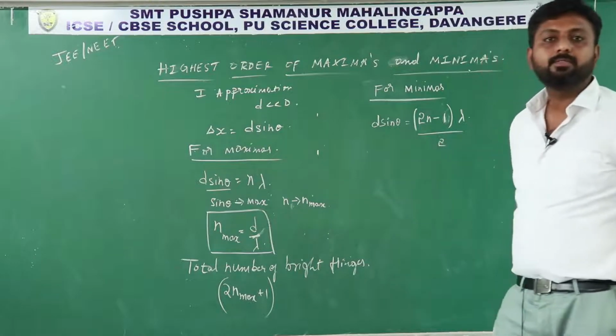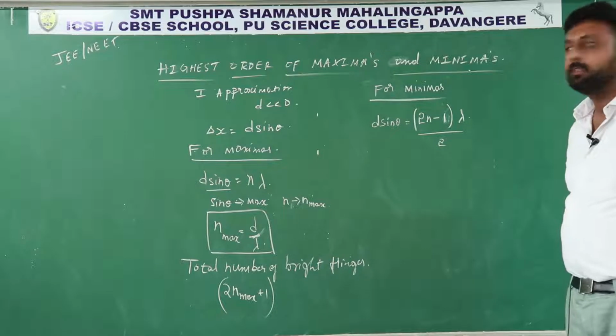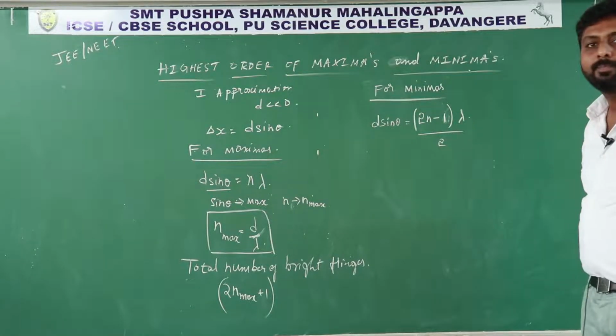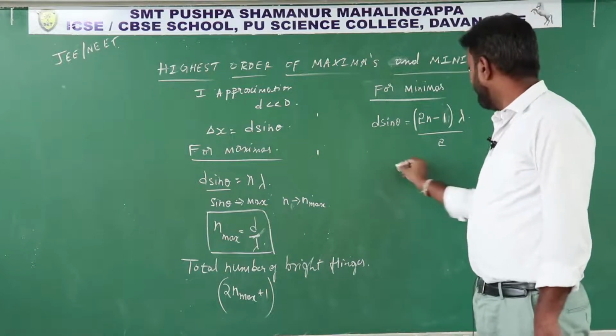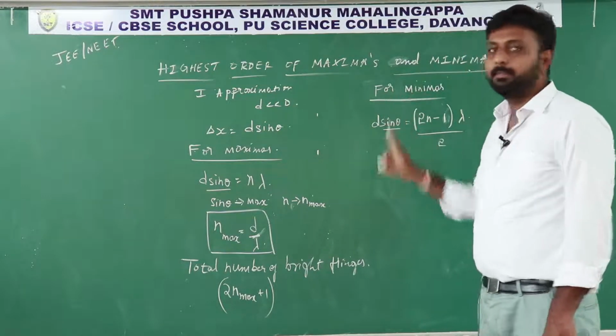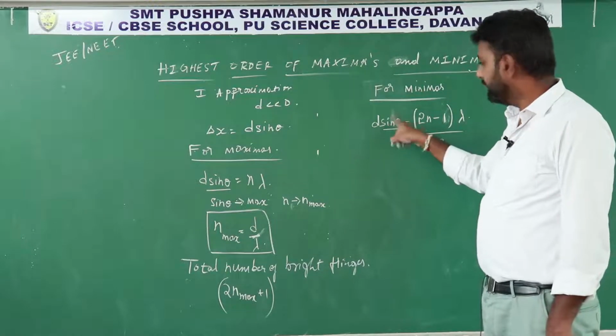This is the condition for dark fringes. Bright fringes n lambda, dark fringes 2n minus 1 lambda by 2. Here for the maximum dark fringe, again this value becomes maximum when sin theta becomes 1.